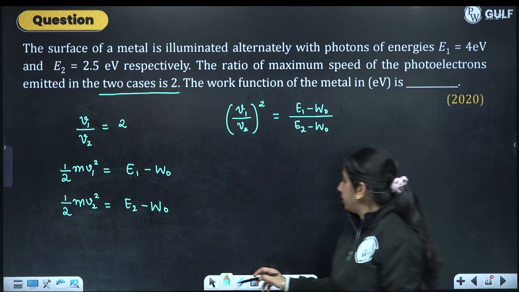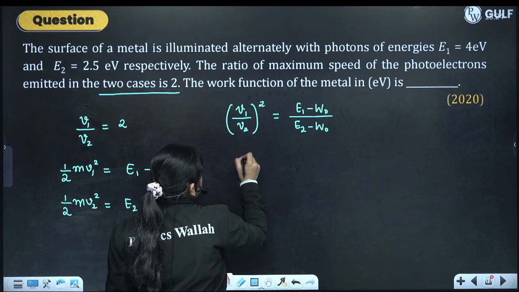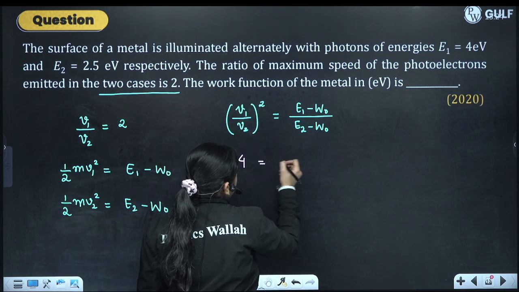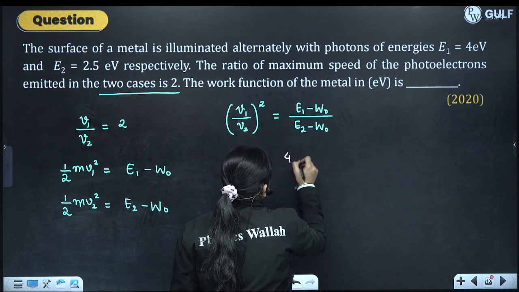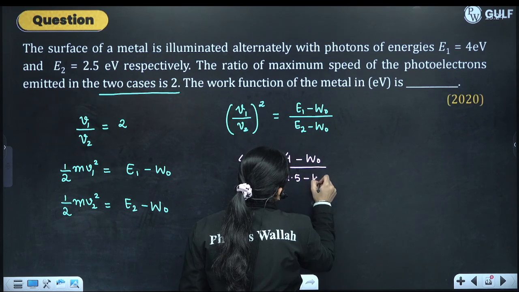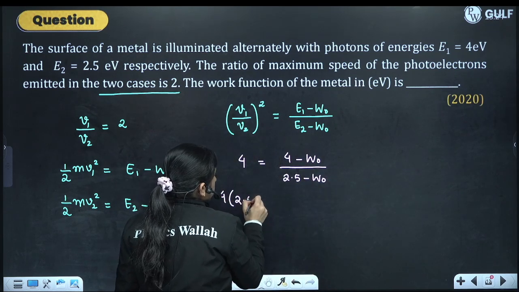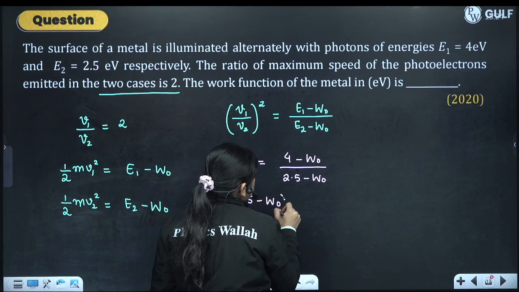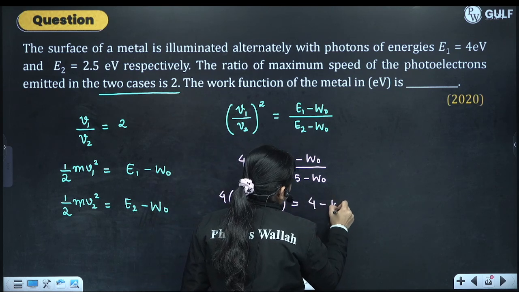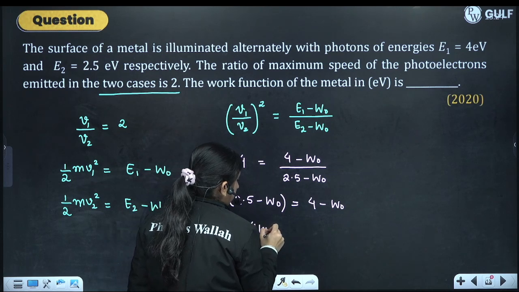Now substituting, V1 by V2 is 2, so the square will become 4. E1 is 4, so 4 equals (4 minus W naught) divided by (2.5 minus W naught). Now solve it. 4 into (2.5 minus W naught) is equal to 4 minus W naught. We will get 10 minus 4.